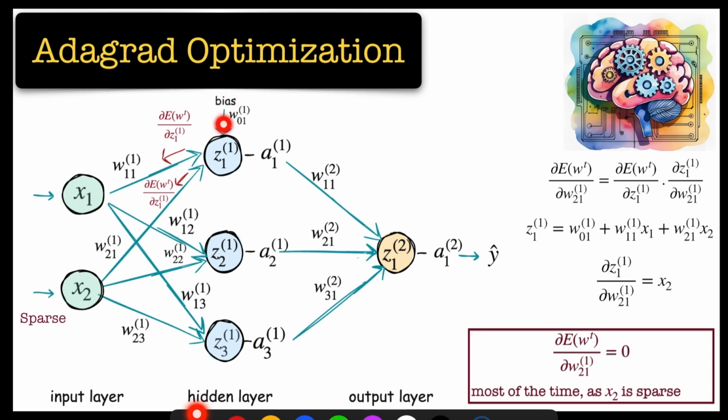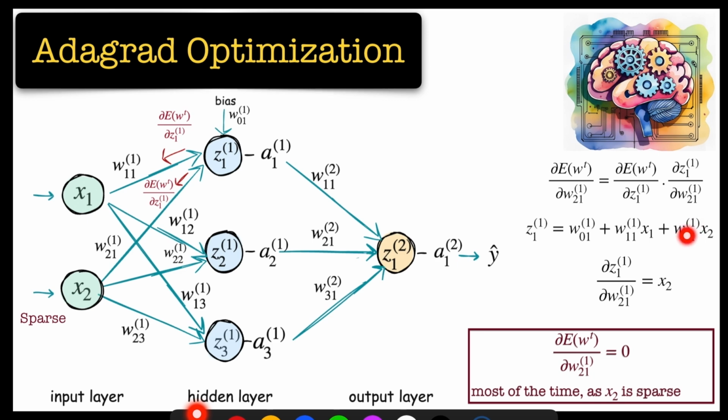So let's say we have a bias as well, W011, then W111 x1 plus W211 x2. This is Z11, right?